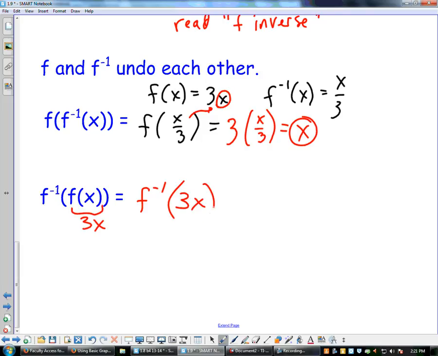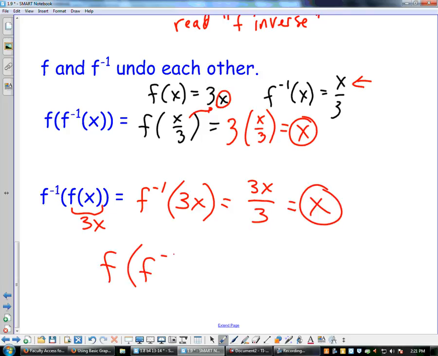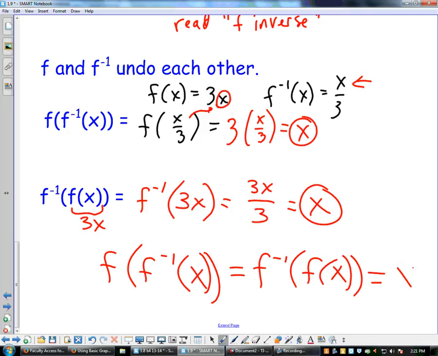So if we want f inverse of 3x, we're going to plug 3x in right here, and we would get 3x over 3, which is x. So what did we learn? We learned that f of f inverse of x is equal to f inverse of f of x, and they're both equal to x. All right.